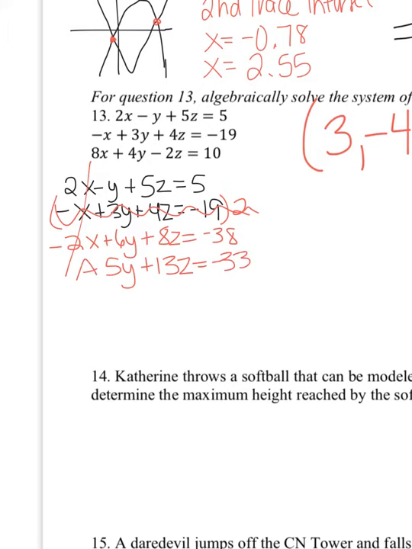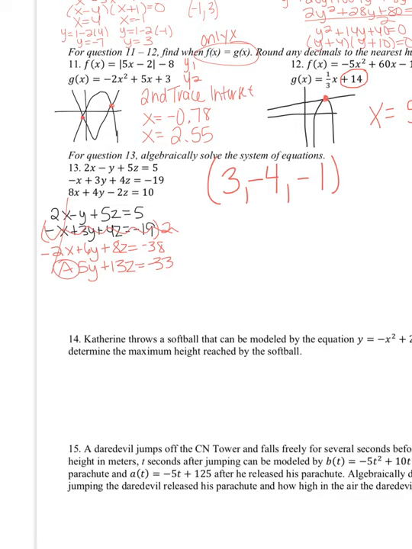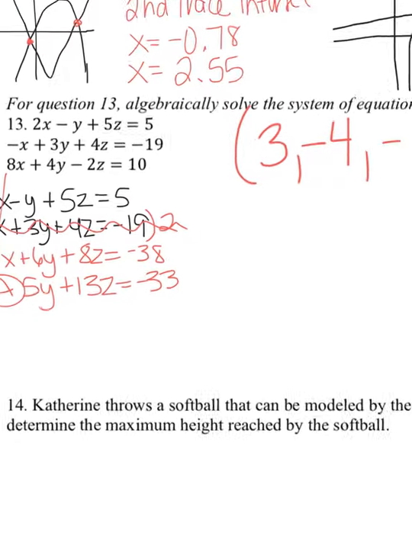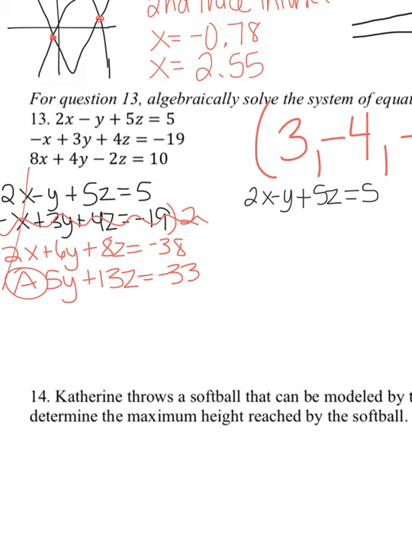This is equation A. I'm going to do the same thing on equation 1 and 3, and that'll give me equation B. So I have 2x minus y plus 5z equals 5, and then I have 8x plus 4y minus 2z is equal to 10.